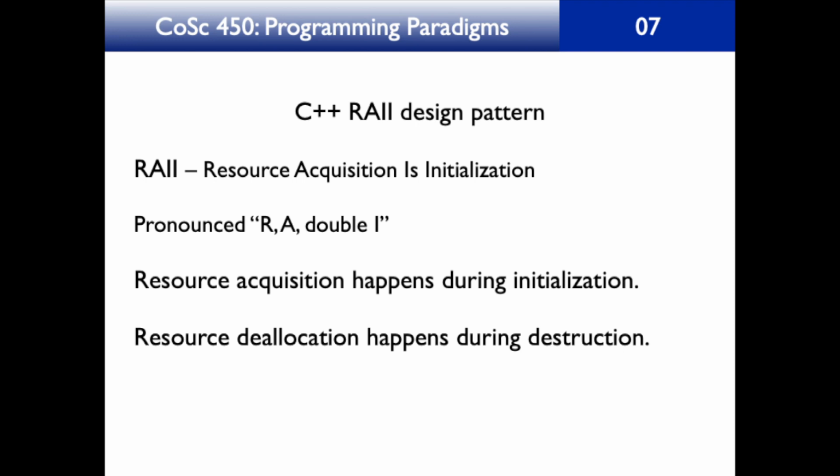The last point is that resource deallocation happens during destruction. In the case that we just looked at, when the local guard is deallocated, when we are returning from the called method, the destructor is executed. That deallocates our guard and unlocks the mutex.